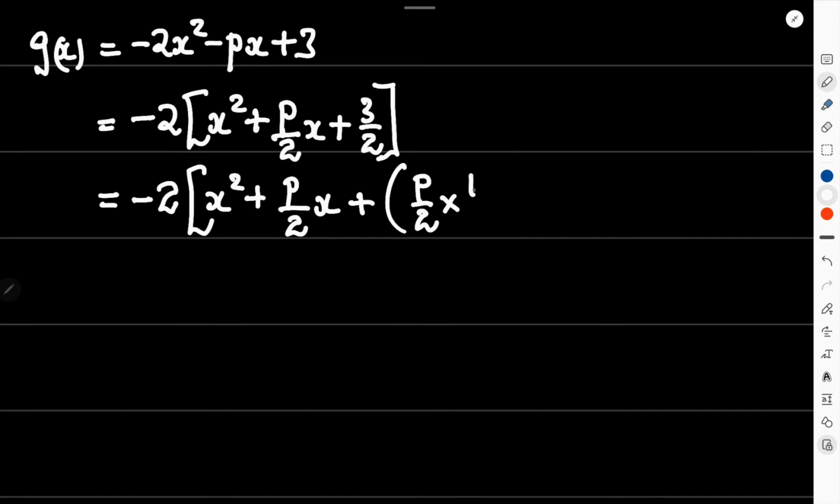We multiply by half and subtract its square, which will be p squared over 2 times 2, which is 4 squared, which is 16. Let's not forget that we also have this plus 3 over 2.